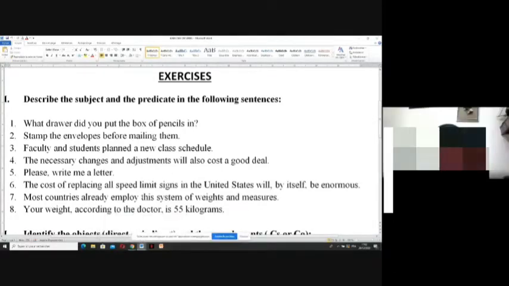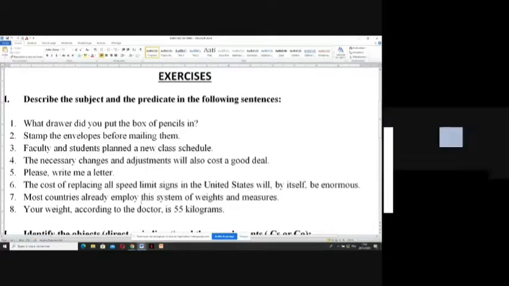Here all of this is the subject, and the predicate always starts with a verb. According to the doctor is like a prepositional phrase related to your weight, so you keep it with the subject. Yes, sir. It's like an adverbial.